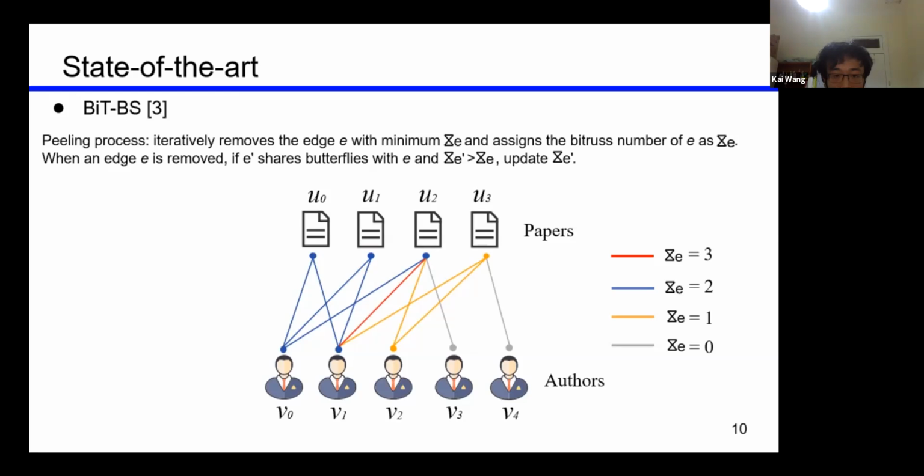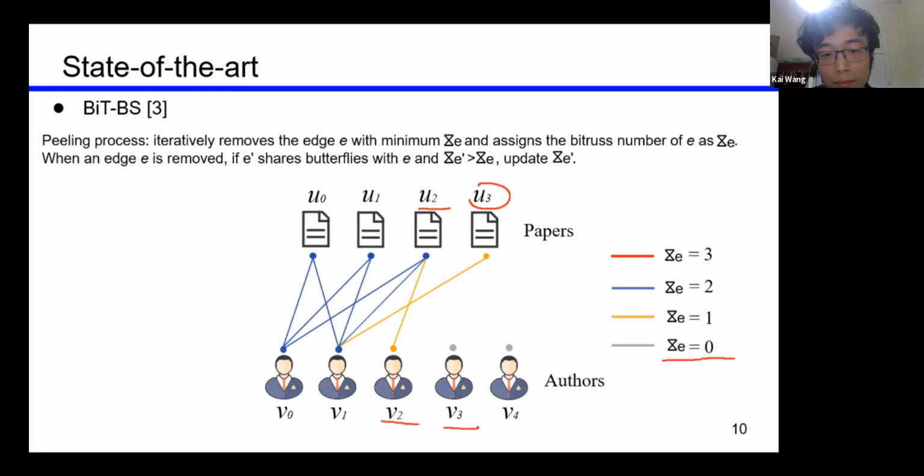Taking this figure as an example, firstly, we remove U3 V4 because it has butterfly support 0. And then V3 U2. And then we remove U3 V2, which is this edge.